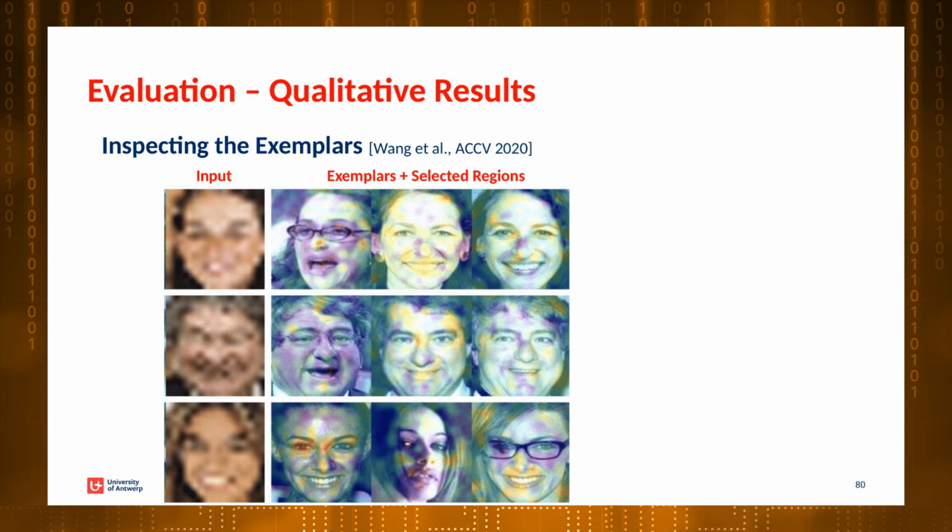And it's interesting to see, for example, in the case of the persons with glasses, in both cases the input, even though it's pixelated, doesn't look to be wearing glasses. The model seems to have realized it, and therefore on the regions related to glasses, the weights are dark blue, which means low. They are not that important.